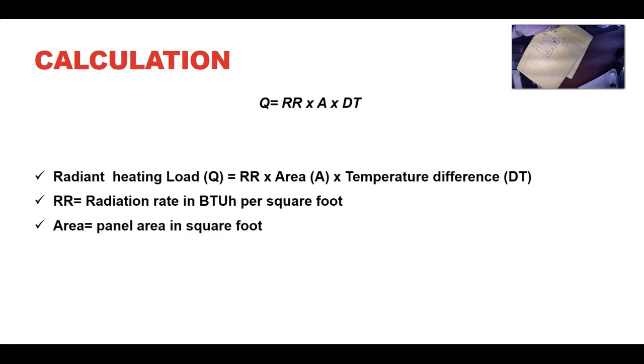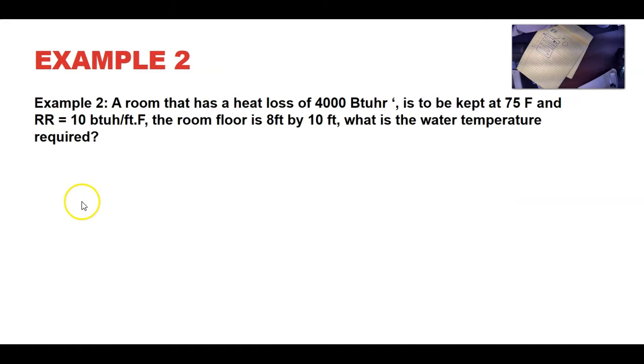The radiation rate is given as BTU per hour per square foot, based on the spacing and the tube size that has been provided. The area is whatever area is exposed as the hot surface, whether the entire floor or the wall, in square foot.